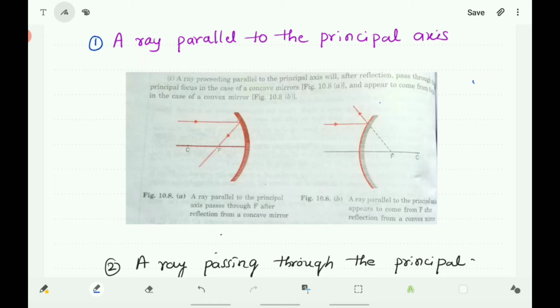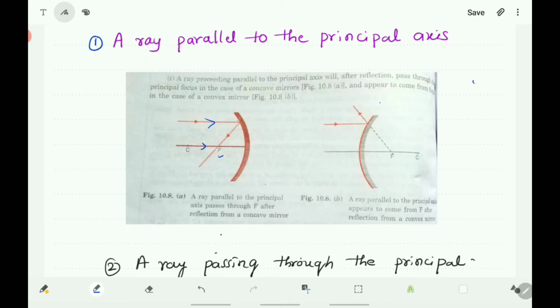First, a ray parallel to the principal axis. Consider the concave mirror. Here it is a principal axis and a ray parallel to it. This ray falls on the surface of the concave mirror and the reflected ray passes through the principal focus.